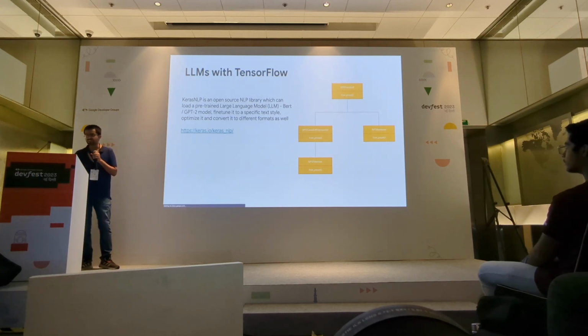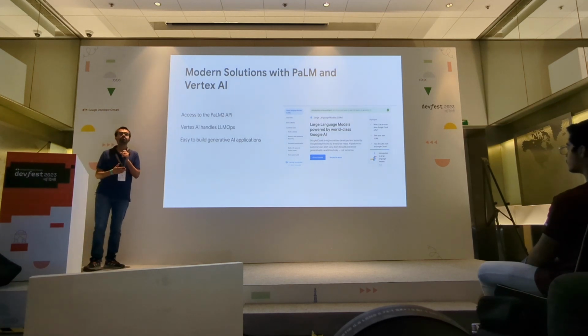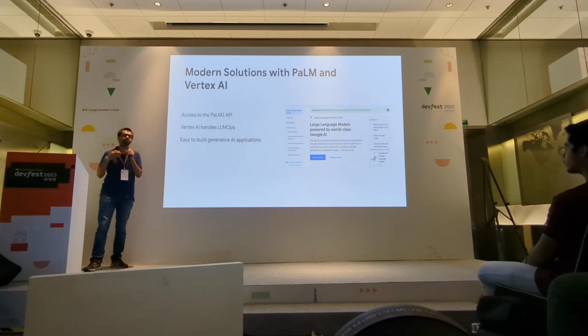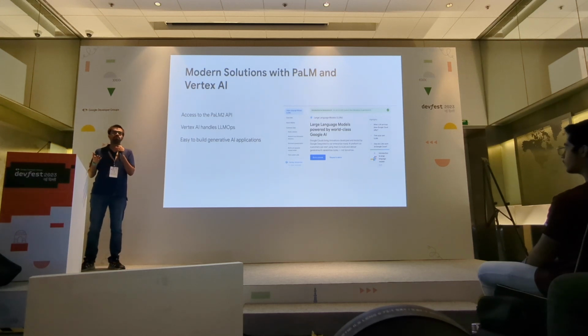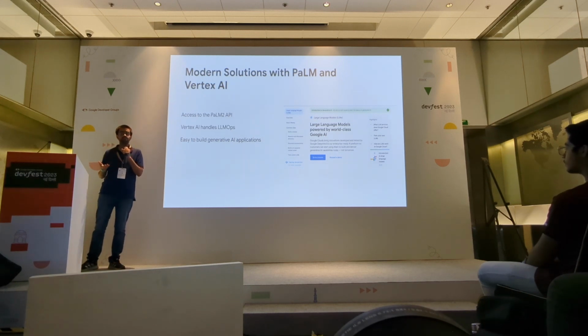But of course, as I mentioned, all these different models like BART are pretty old at this point. If you want to get used to some of the latest models, especially the cutting-edge models from Google itself, that's where PaLM V2, as I mentioned, was introduced this year at Google I/O.